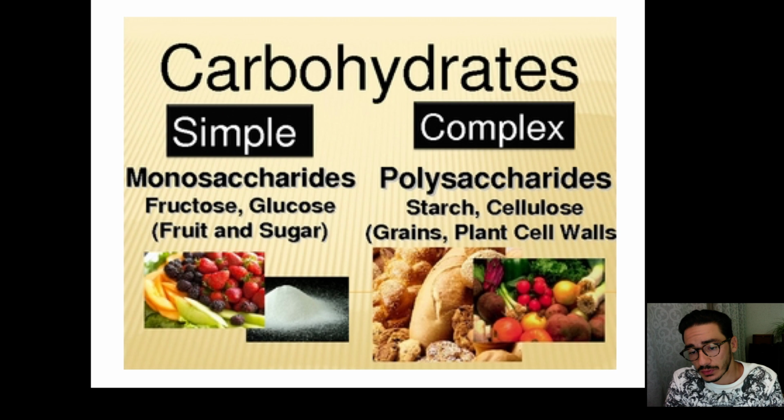The more complex polysaccharides, such as starch and cellulose, come from grain and plants, and most people do not like to eat them, which is very bad for you, and we'll explain later why.